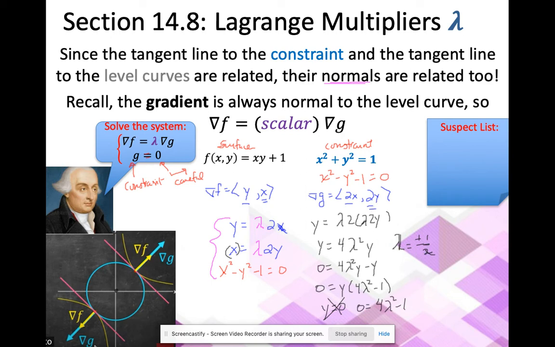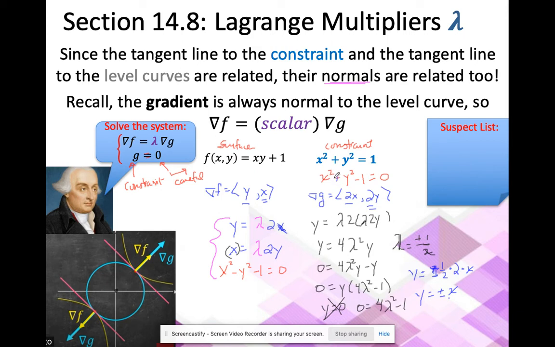So then let's plug that back in. Plus or minus 1/2 times 2 times x. So y is equal to plus or minus x. Take this x, plug it back into my constraint.